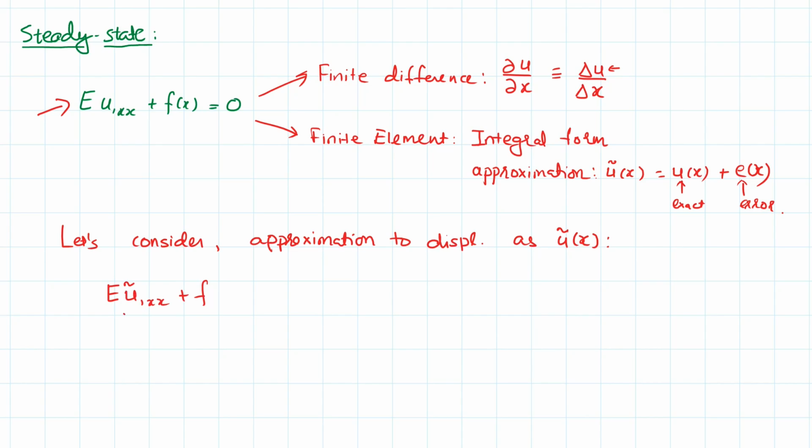Now, since this is an approximation and not an exact function, this will be equal to some residual amount which is not equal to 0. Ideally, we would like to find an approximation function such that the residual goes to 0.